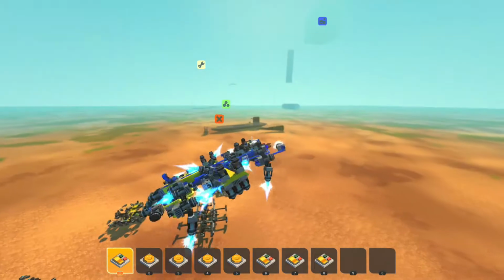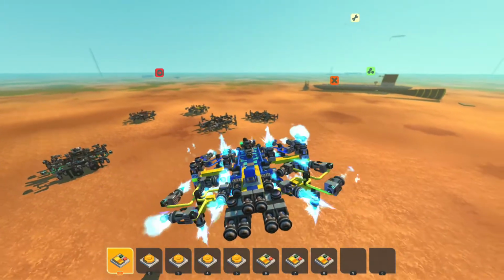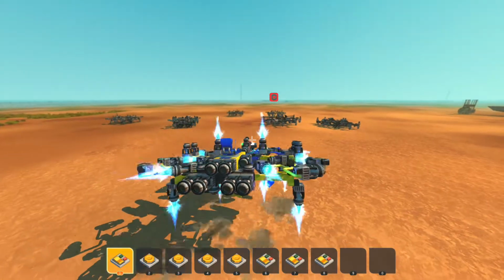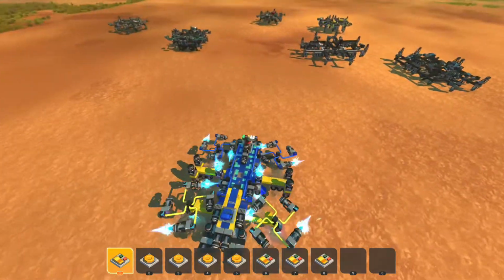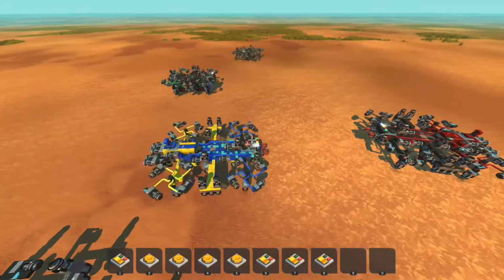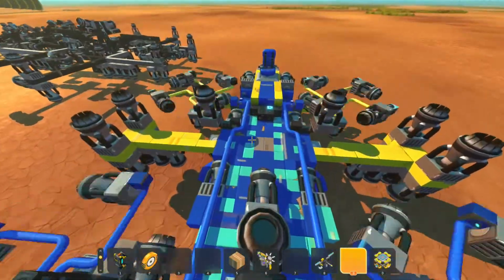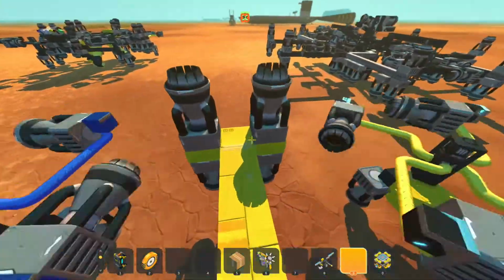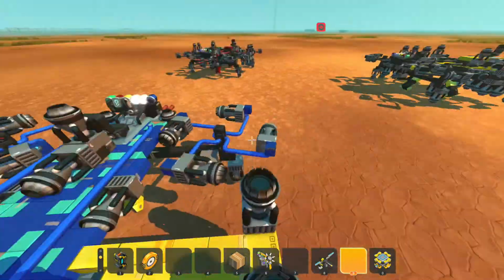I have some more advanced aircraft, or, well, maybe not advanced aircraft. I have aircraft that implement more advanced logic and thrust vectoring tactics than these.